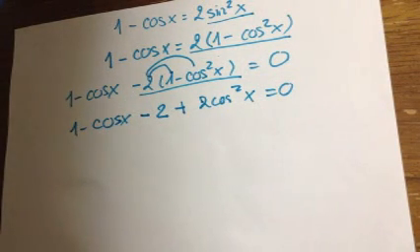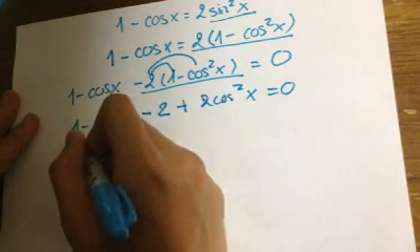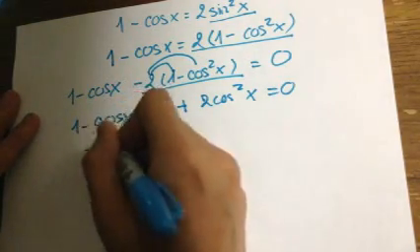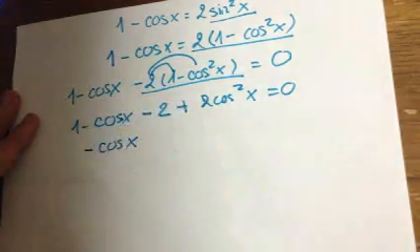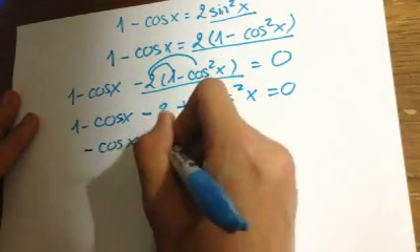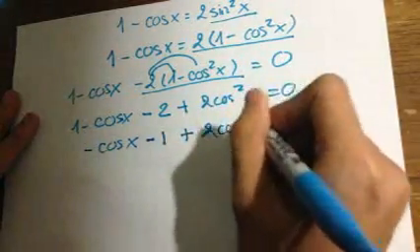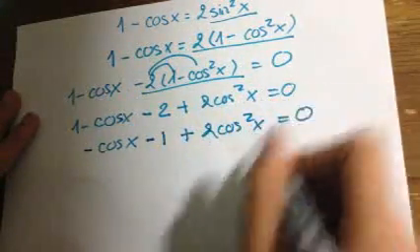Now we will simplify this equation. So we have minus cosine of x, minus 1, plus 2 cosine square of x equals 0.